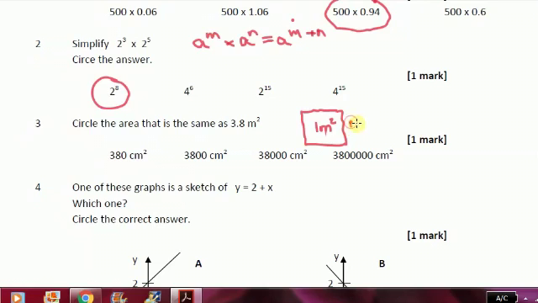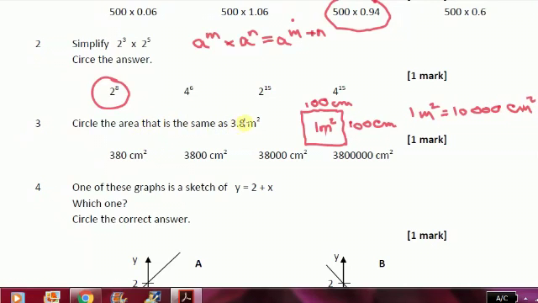So each side of that square is 100 centimeters. If we work out the area of the square in square centimeters, we'd say 100 times 100. So 1 square meter is the same as 10,000 square centimeters.